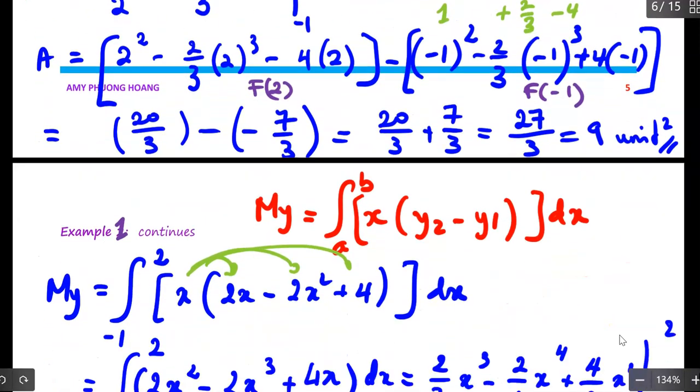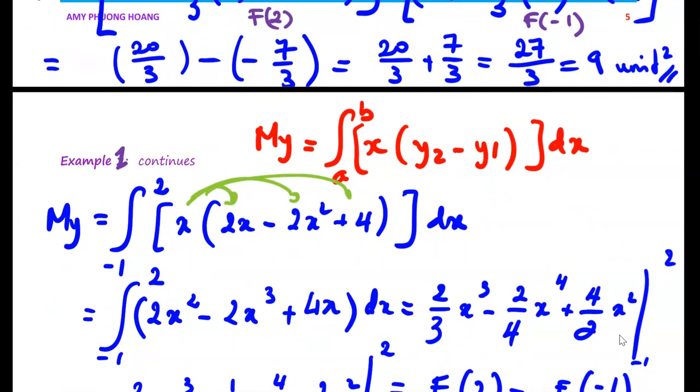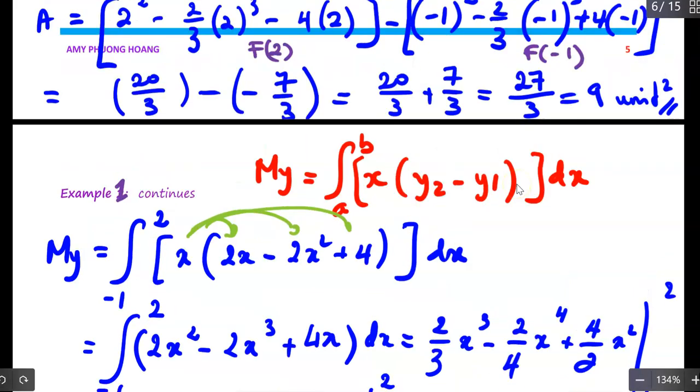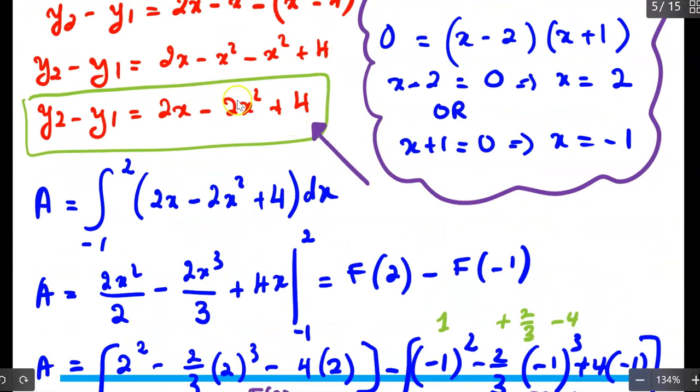The next step is to find your My. To find My is this formula. So we are going to take x times y2 minus y1. y2 minus y1 is very important. It's in this square that I identify here. Please do not try to simplify this because this is not an equation equal to 0 or anything.